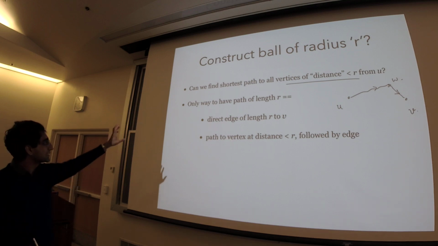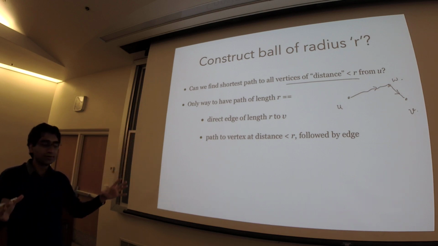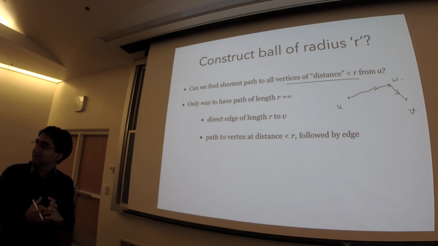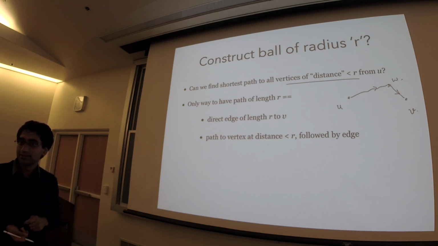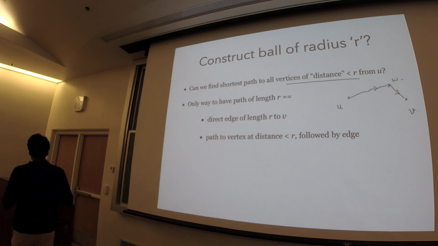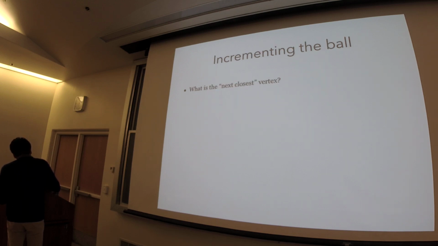Alright, so now using this very seemingly trivial observation, how do we now grow a ball of a certain radius r around a vertex u? Okay, so let's see how that is done. So let's take a simple example.